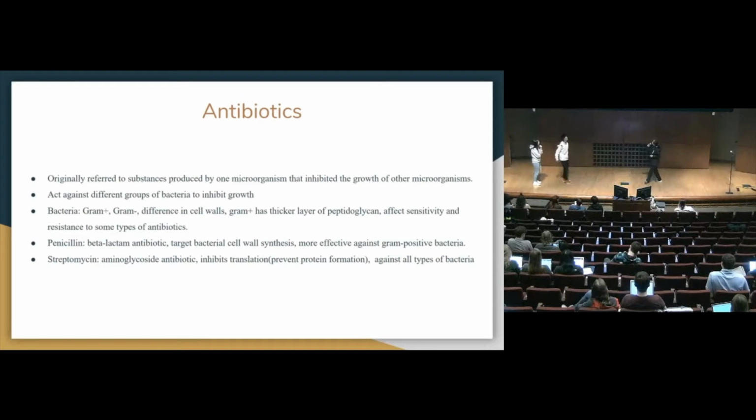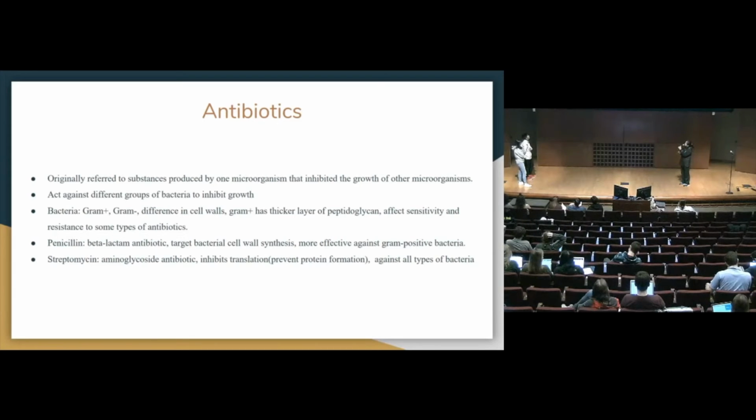So here is some general background knowledge about antibiotics. The term originally referred to substances produced by one microorganism which inhibit the growth of another one. And it acts against different groups of bacteria to inhibit their growth. There are generally two types of bacteria: one is gram-positive and the other is gram-negative.